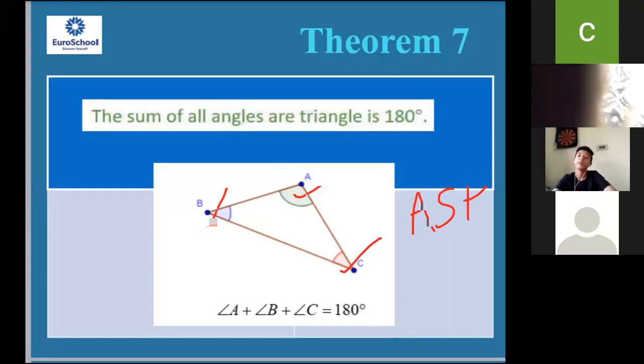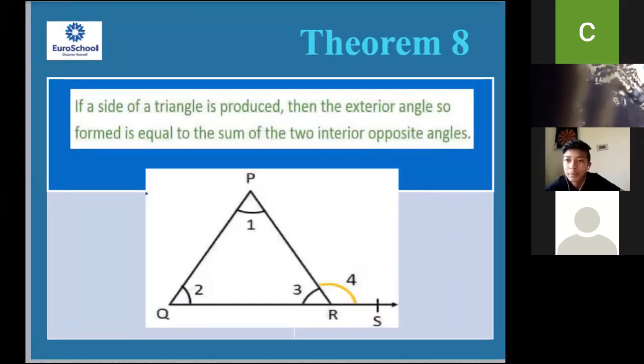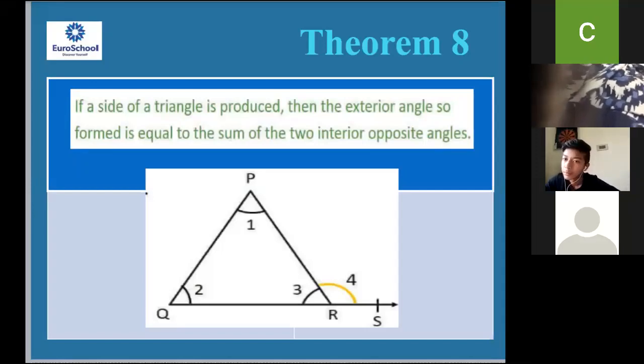Next, theorem 8. This also we have learned in the previous classes. If a side of a triangle is produced, then the exterior angle so formed is equal to the sum of the opposite interior angles. So in this example, what is the triangle, children?